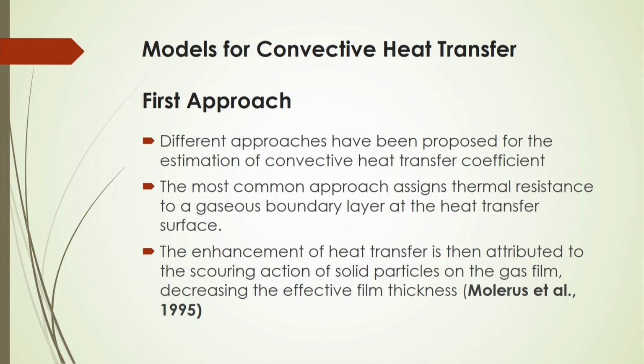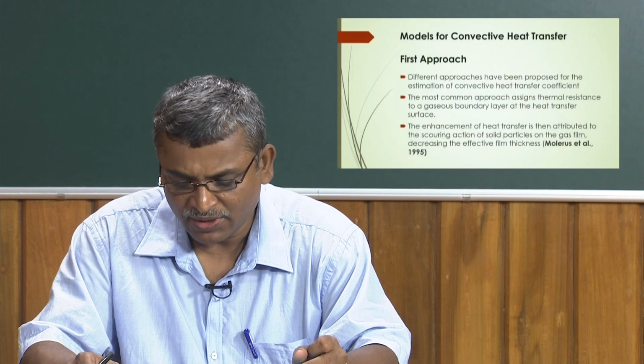Let us see the first approach, what is that? Based on this, different approaches have been proposed for the estimation of the convective heat transfer coefficient, and this first approach is the common one. The most common approach assigns the thermal resistance to a gaseous boundary layer at the heat transfer surface. The enhancement of the heat transfer is then attributed to the scouring action of solid particles on the gas film, which decreases the effective film thickness.